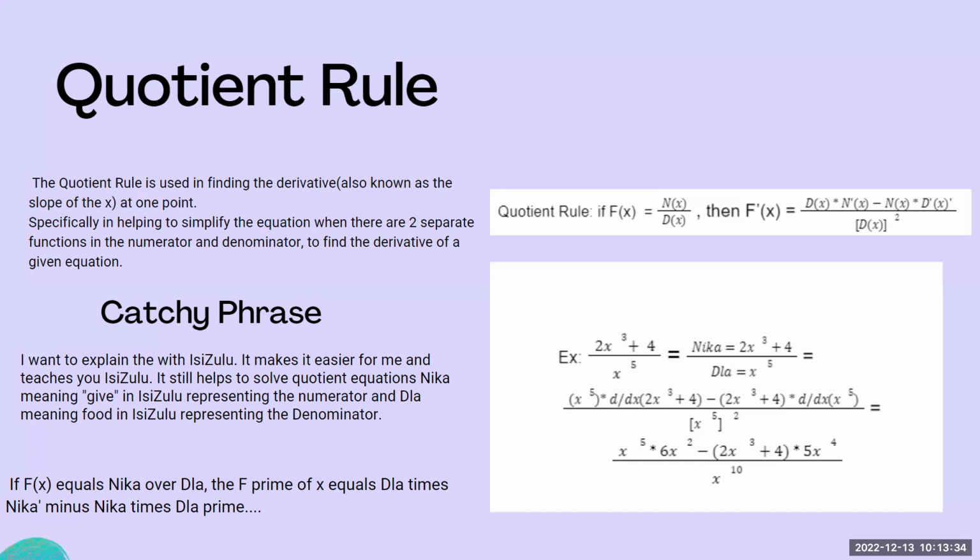So our numerator, which is the top, equals 2x to the third power plus 4, and our denominator, which is the bottom, equals x to the fifth power.